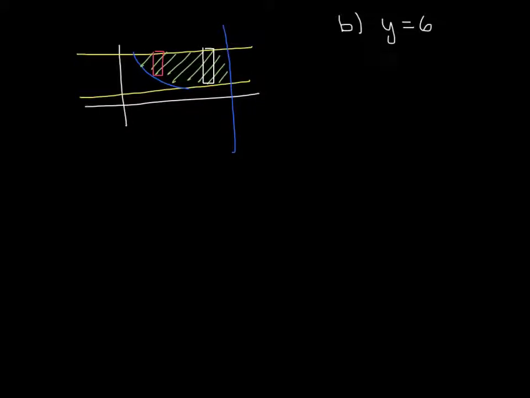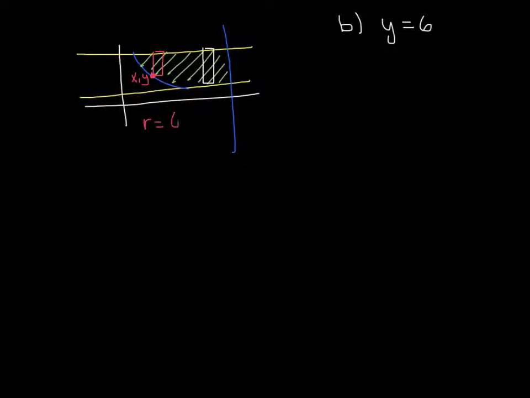The red rectangle has a radius. Well, let's just see what the radius is. If you make this point, once again, (x, y), the radius is going to be the entire distance 6 minus that y value.